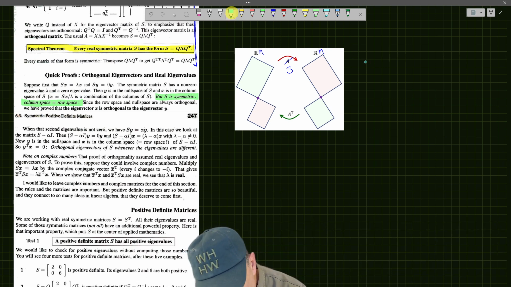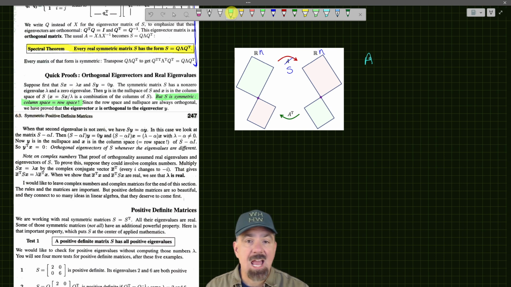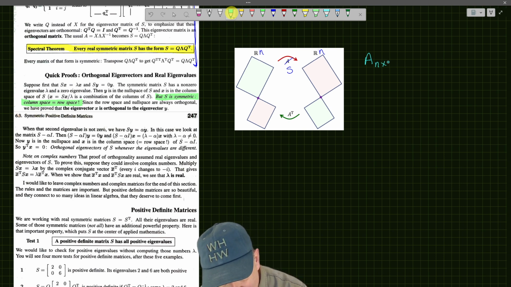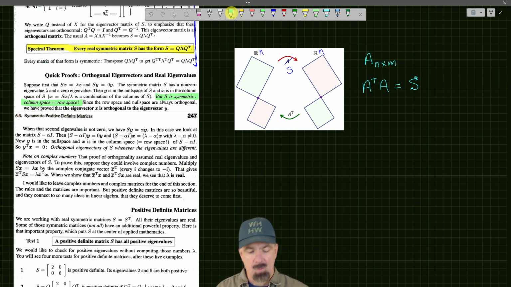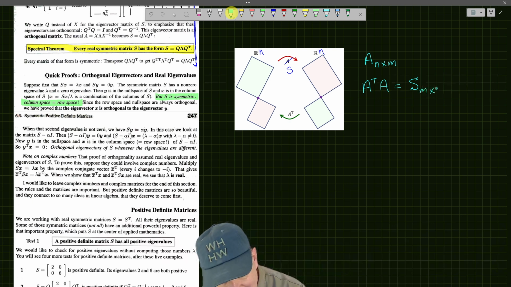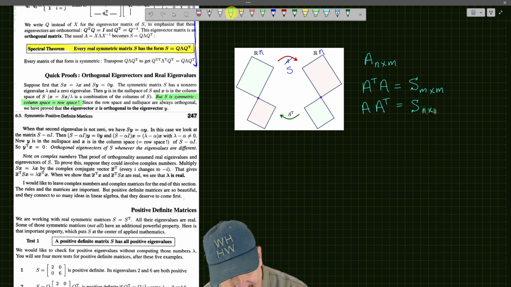So you recall, given some matrix A, and it doesn't matter what it is, n by m, A transpose A is going to give me a symmetric matrix. In this case, it will be an m by m symmetric matrix. And if I take A times A transpose, we're going to end up with a symmetric matrix that is n by n.